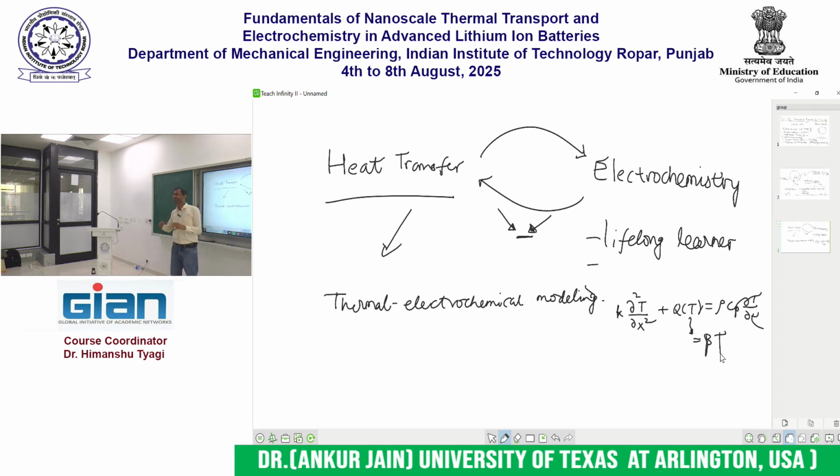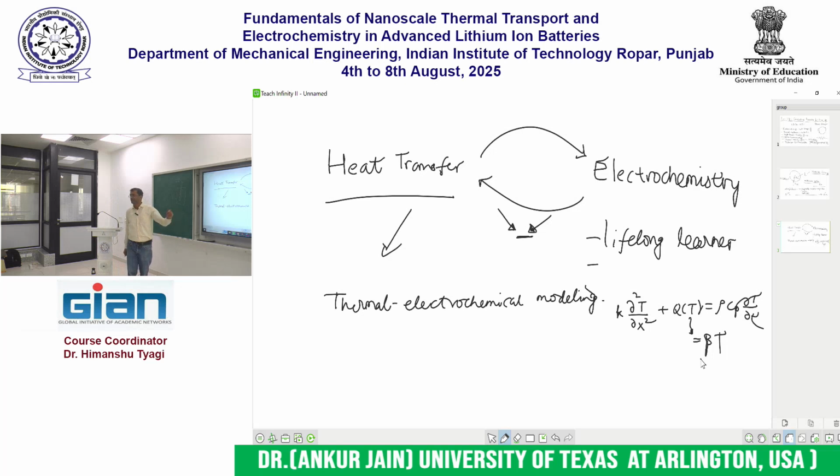And I made a very gross simplification that all the electrochemistry that is happening is being bunched together into this parameter beta. And I'm assuming I know the value of beta, right? That may be a reasonable way to start, but certainly requires more sophistication. This beta comes from electrochemistry.